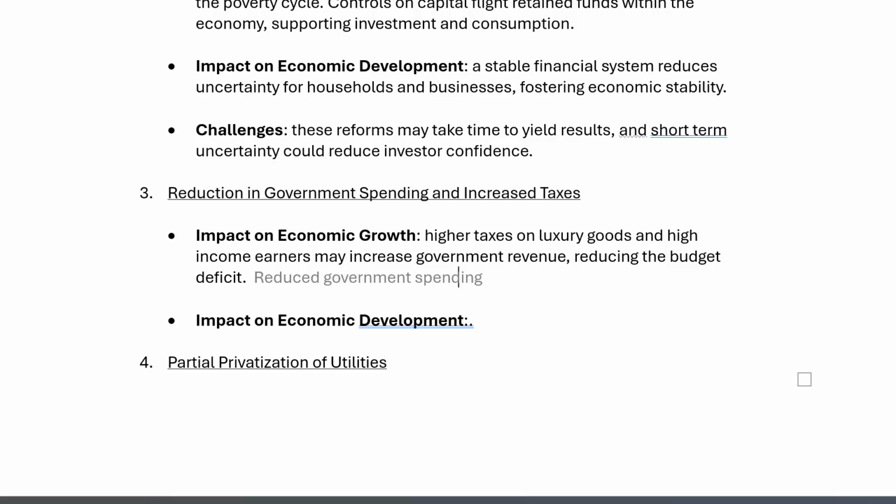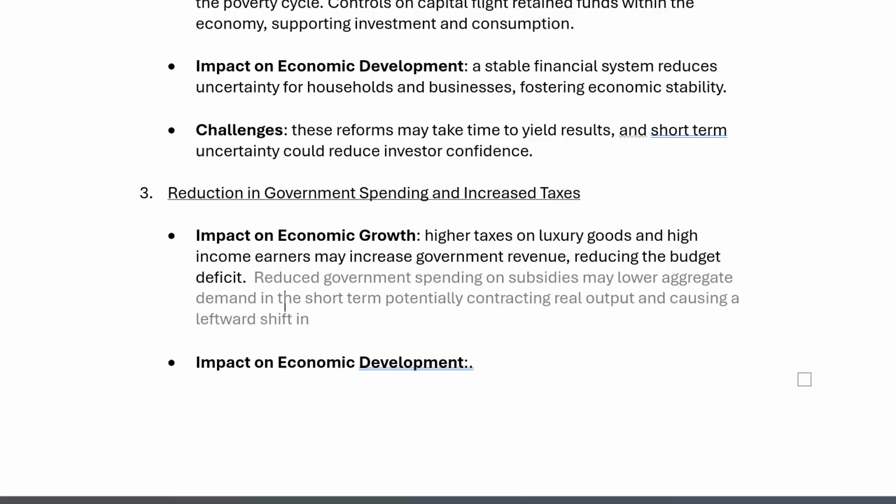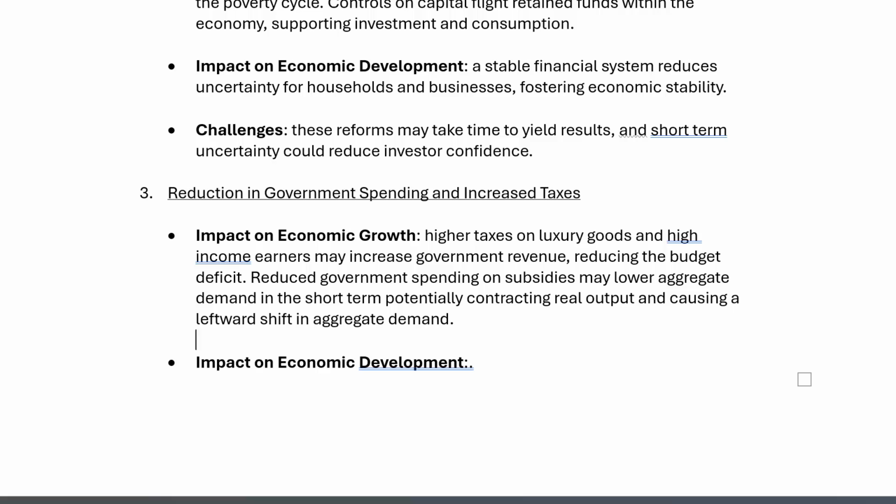Reduced government spending on subsidies may lower aggregate demand in the short term, potentially contracting real output and causing a leftward shift in aggregate demand. There you go. So again, you always want to try to link it back to economic theory. If you mention things like aggregate demand and supply, it's usually a good thing.